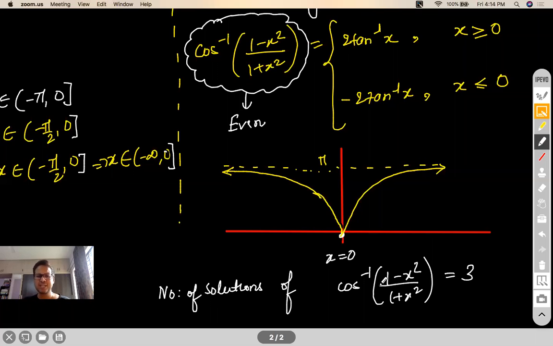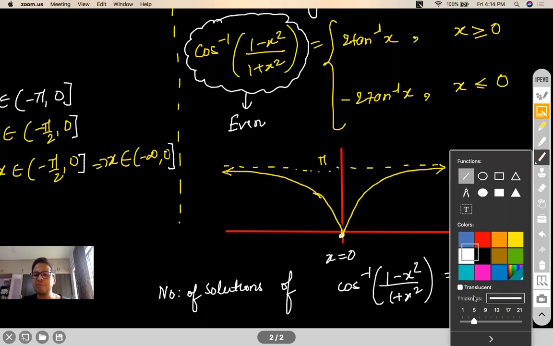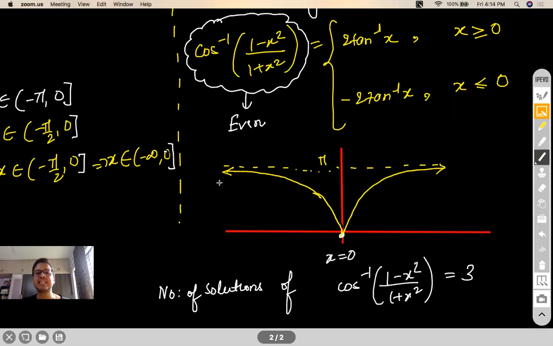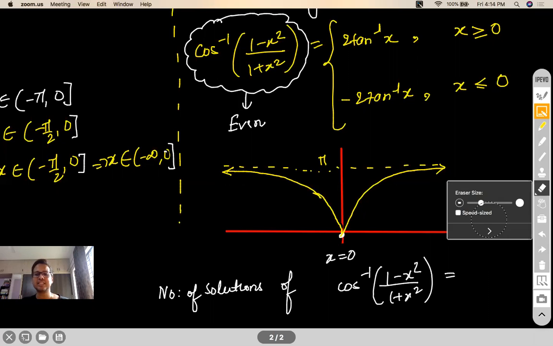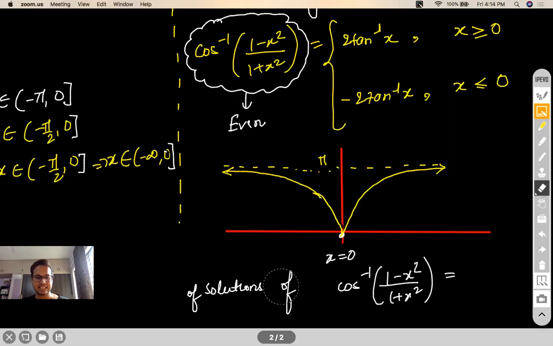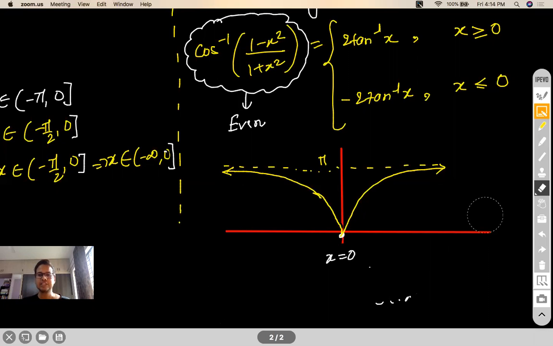Now, of course, you can solve it in the regular way, but if you know the graph, you can easily figure out that the person is asking you at how many places this graph is intersected by the line y is equal to 3. So 2 places, 2 solutions, over. Game is over. Okay. So all such questions, especially related to the number of solutions, can be easily addressed. Okay. Is it fine? Any questions? Any concerns?